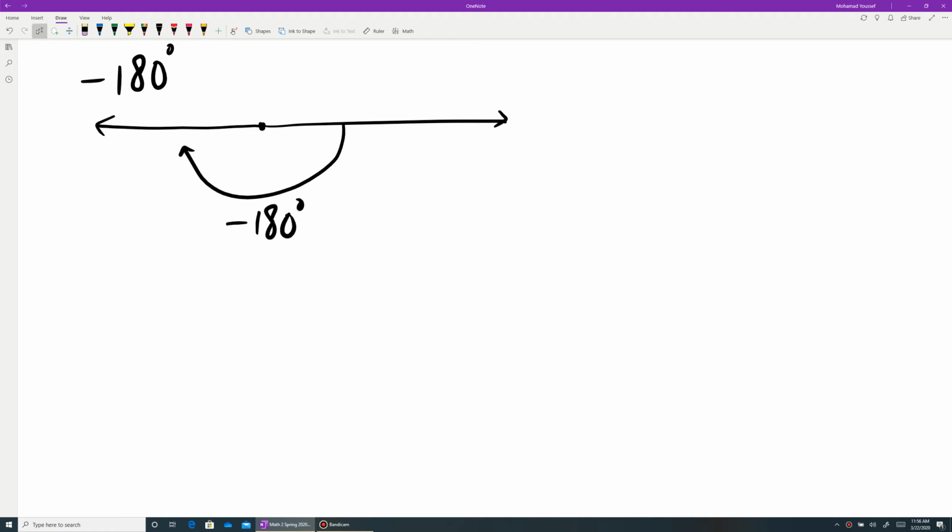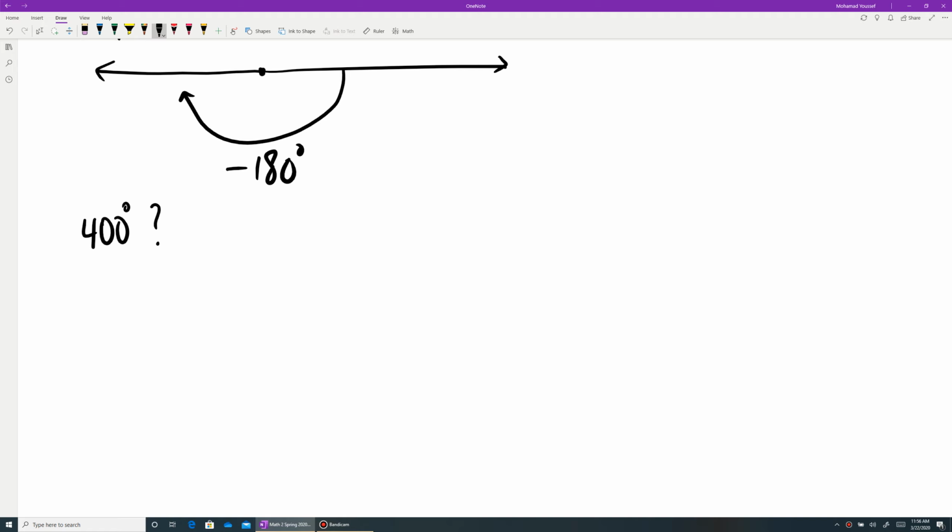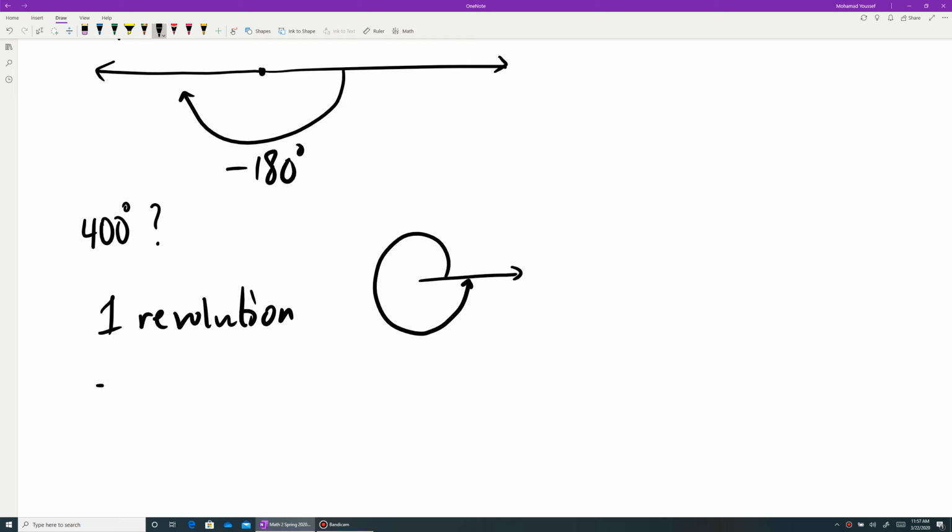What about if I want to draw a bigger angle? Let's say 400 degrees. How do I draw this angle? When you go in one full cycle, we call it one revolution. Each one revolution is counted as 360 degrees.